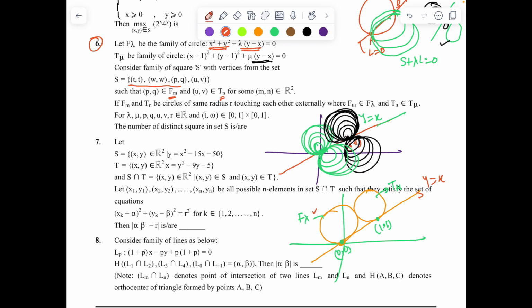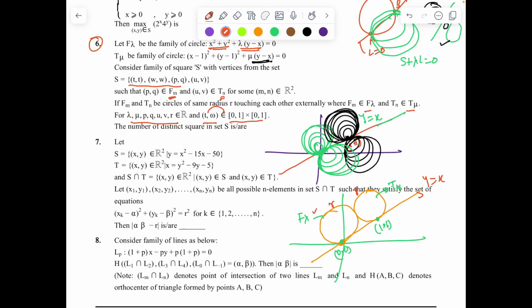F_m and T_n are circles of the same radius touching each other externally, where F_m belongs to F(λ) and T_n belongs to T(μ), so they have the same radius r. For λ, μ, p, q, u, v, r, all these are real numbers, and (t, w) belongs to [0, 1] × [0, 1].